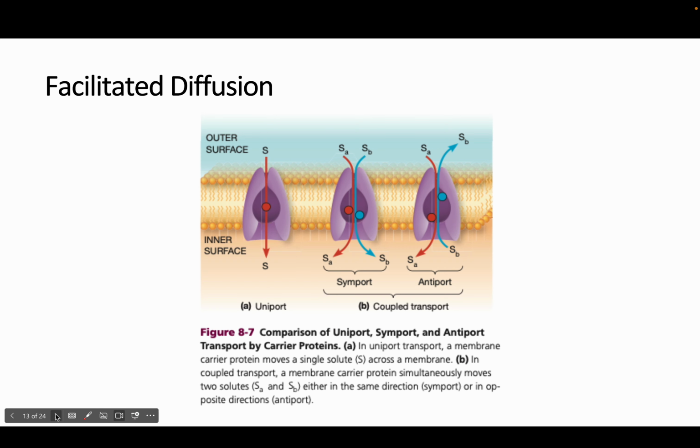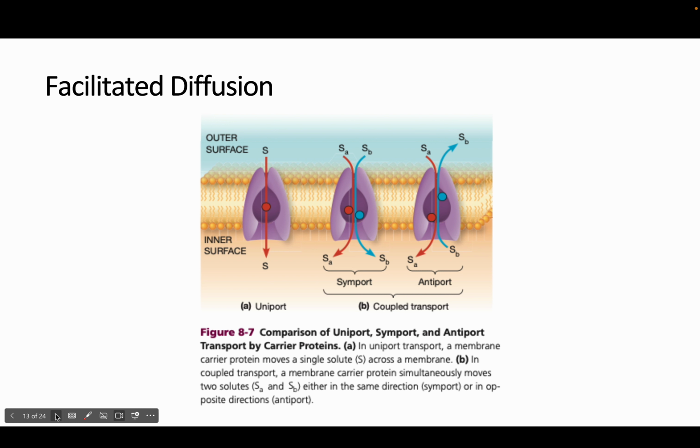Now, moving on to another kind of passive transport that does not require energy, we have facilitated diffusion. But unlike simple diffusion, facilitated diffusion employs assistive molecules, transport proteins embedded within the membrane.